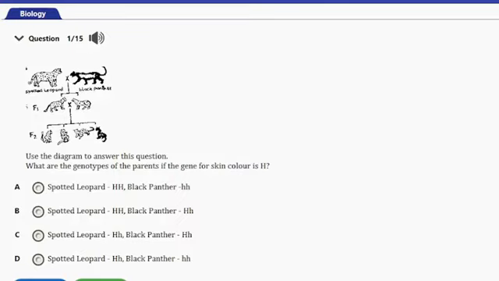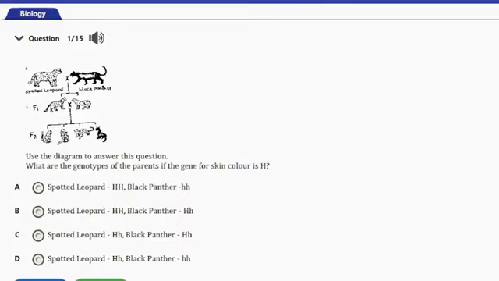One is the spotted leopard and the other is the black panther. If we observe the changes here, we'll consider that we are considering the phenotype and not the genotype. The skin color is about the phenotype.